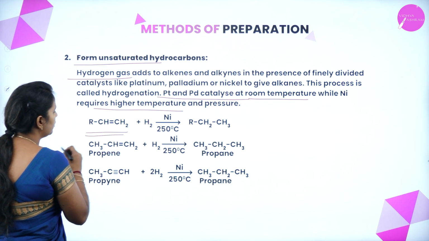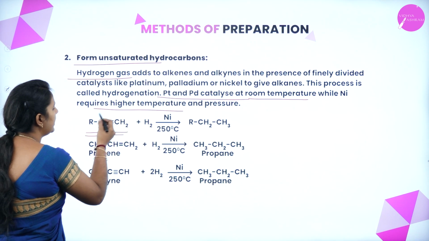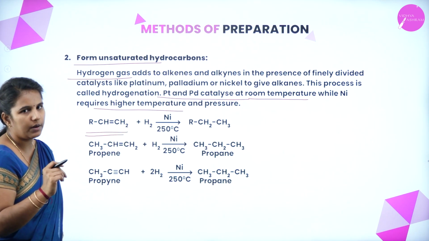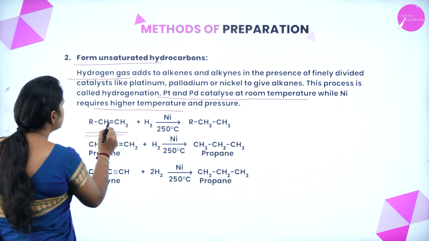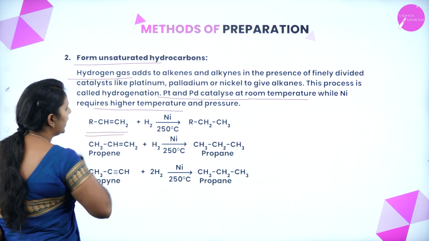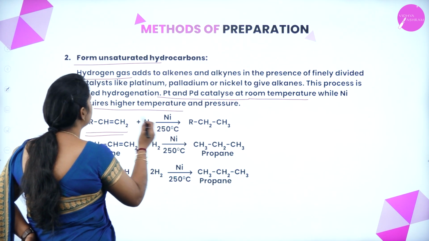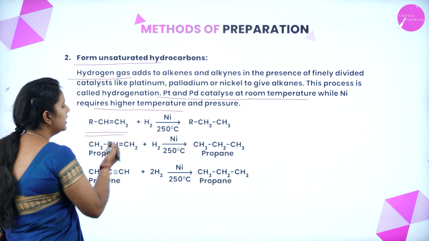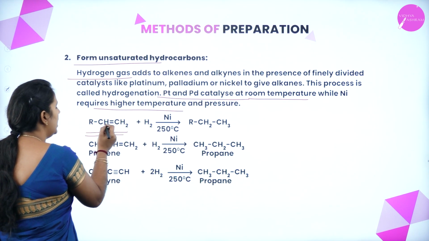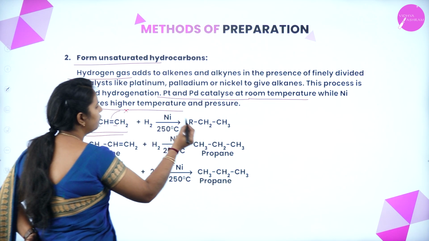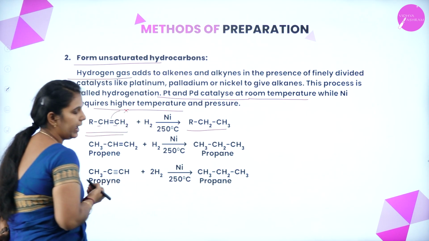R is my alkyl group, and we know that if I am writing the alkene, there must be a double bond between the two carbon atoms. So it is RCH double bond CH2 in presence of nickel as a catalyst, and I am raising the temperature to 250 degrees, so that if you are adding the hydrogen, it goes and attacks this carbon atom and breaks this bond and forms the alkane.